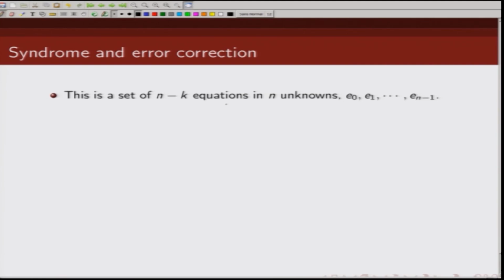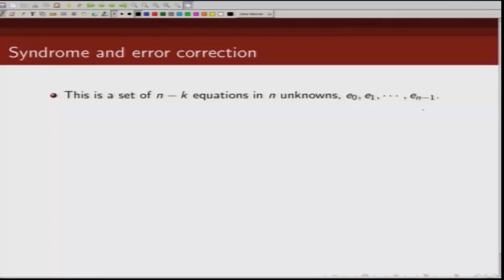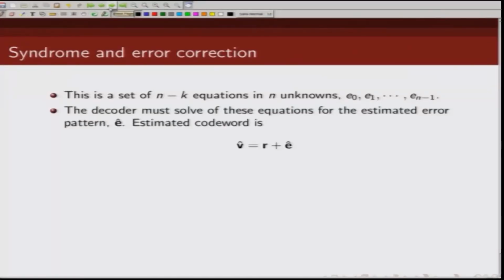We have n unknowns, from the error at location 1 to the error at location n. So, we have n unknowns E0, E1, E2, up to En minus 1, whereas we have only n minus k equations. So, we have fewer equations and more unknowns, and what we need to do is solve this set of equations to find out what these unknown quantities are, because to find the error pattern we need to know what these Ei's are.